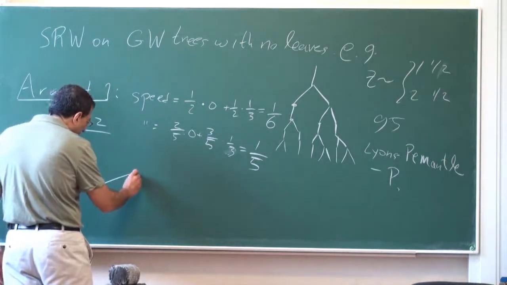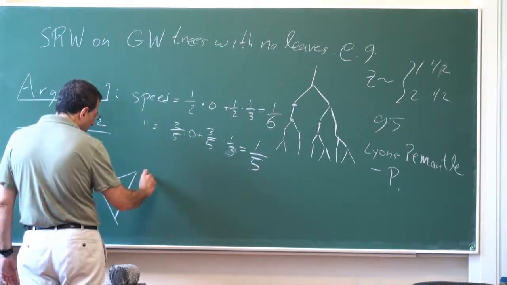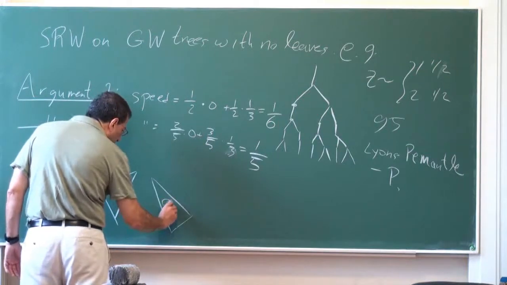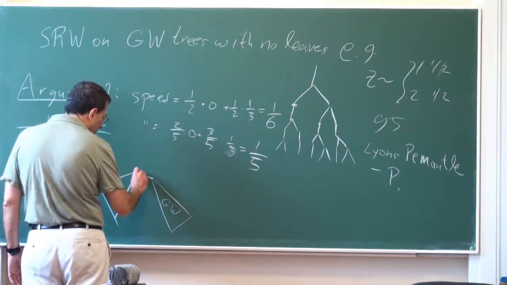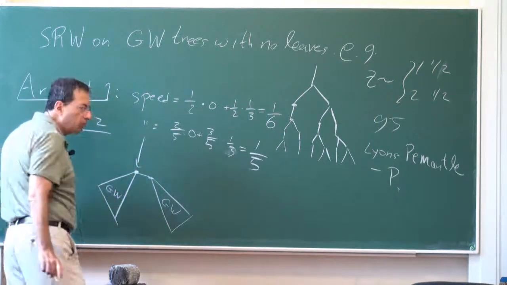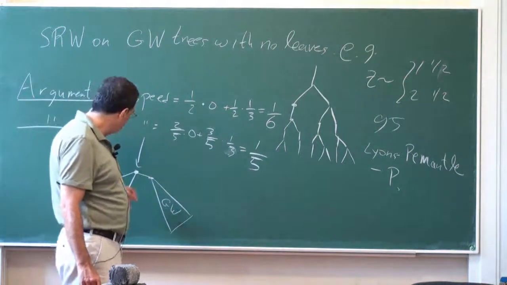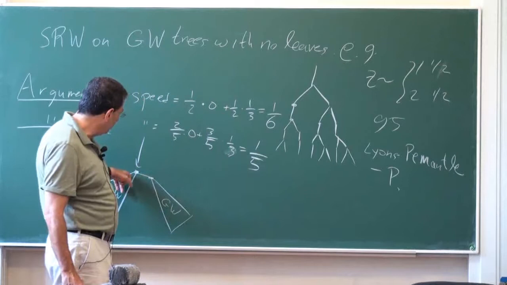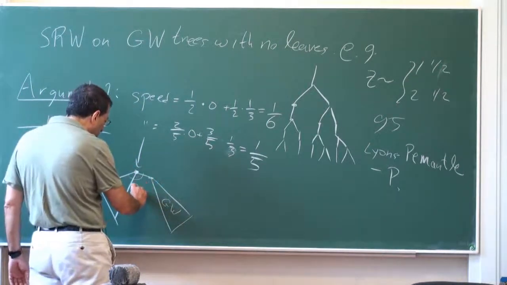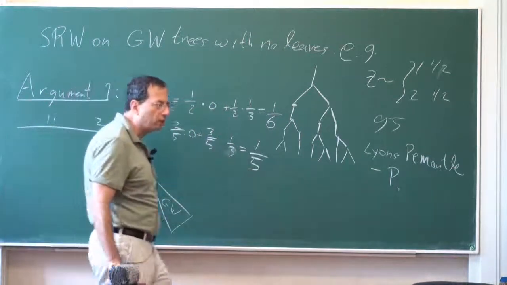If this is a Galton-Watson tree with this distribution, let's create another Galton-Watson tree with the same distribution, independent, and join them by an edge, and put the root at one of the nodes like this. So this is a new distribution on random trees where the root, instead of having z children, has a total number of children of z plus 1, if z is the offspring distribution.